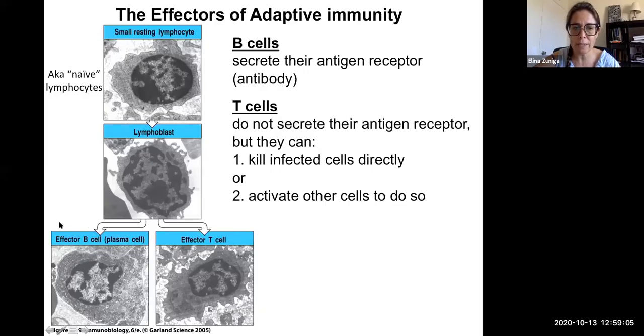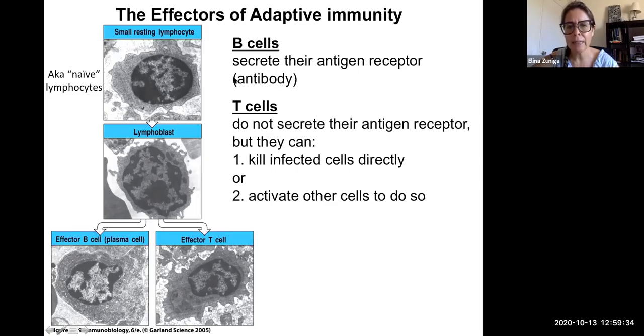So for the B cells, the effector B cell is also named plasma cells. And it's basically an antibody factory. So it has tremendously enhanced endoplasmic reticulum because it's now specialized at producing large amounts of proteins, which are the antibodies. And we will learn where these antibodies come from, okay?